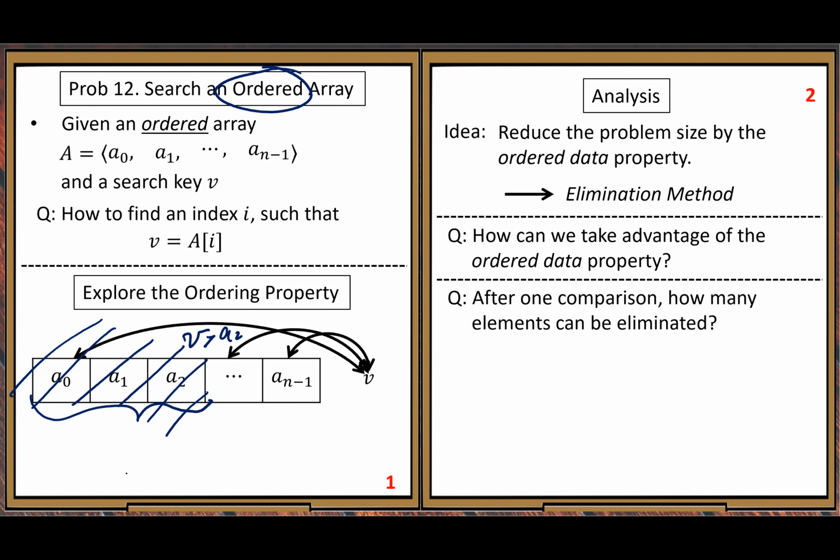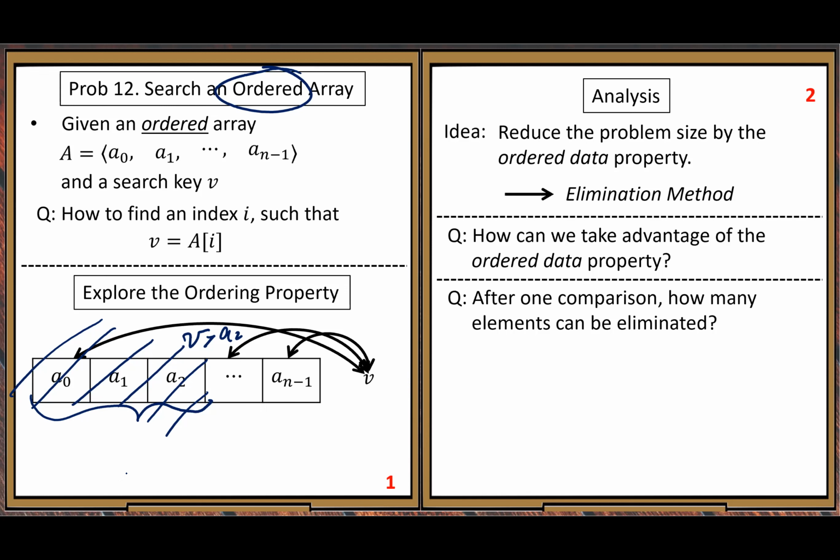Now, our goal is to eliminate as many elements as possible. Can you find a way such that if we do that comparison, we can eliminate the maximum possible number of elements overall? Would it be the one in the middle?